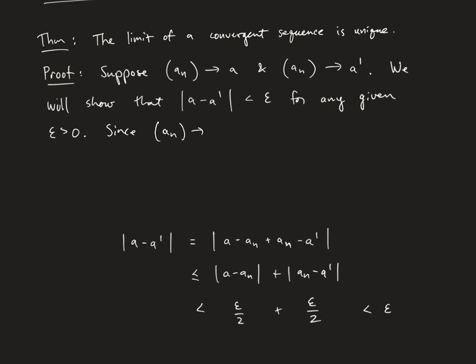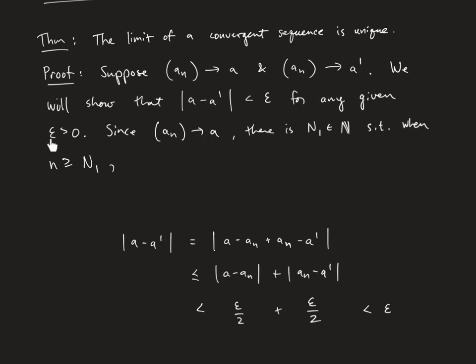an is converging to a, there is, let's say, n1 in the natural numbers such that when n is bigger than or equal to that n1, the distance between an and a is as small as we want, right?